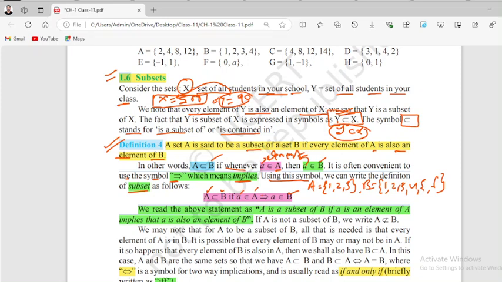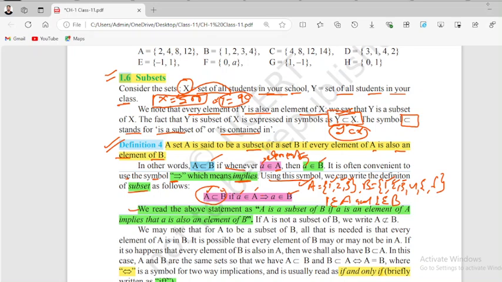So 1 belongs to set A, and 1 also belongs to set B. So this is the basic reason behind it. That's why every element of set A is also present in set B, so A is a subset of B.